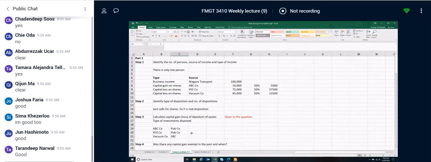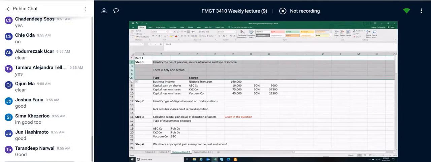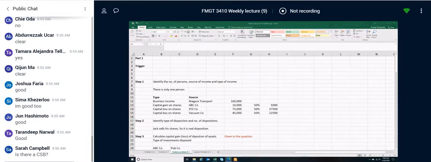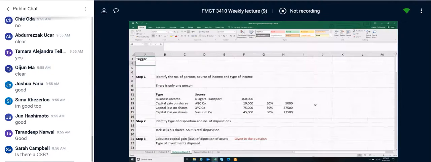So here's my question again. Number one, we're dealing with ABILs. What's your trigger? Again, what do I have to look out for to know when these rules apply? Not a CSB, not a Canadian small business.